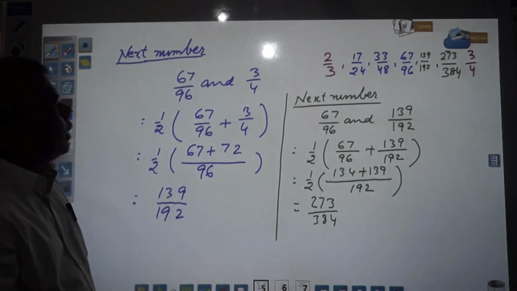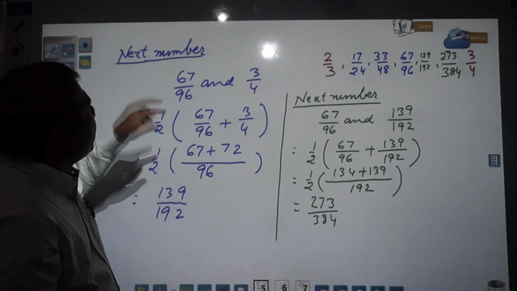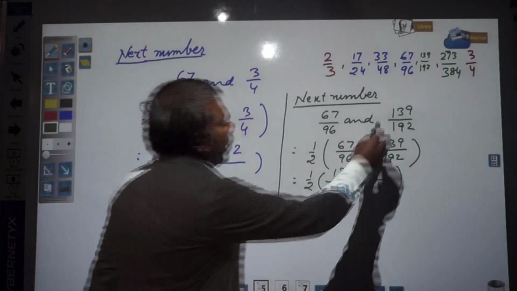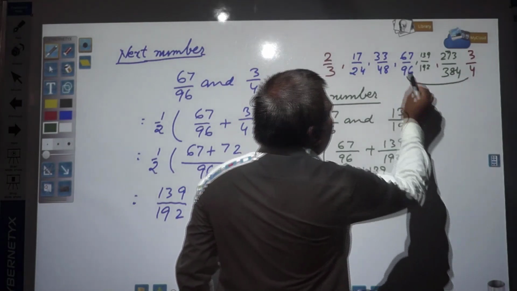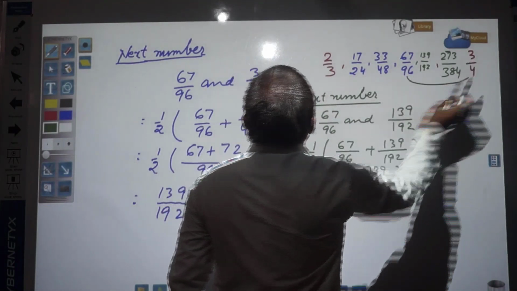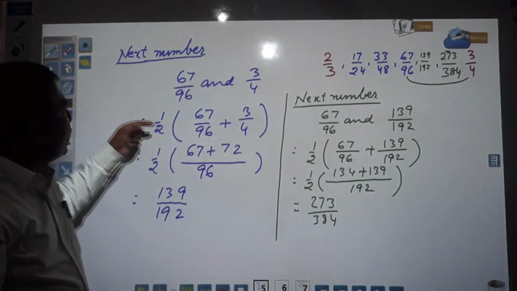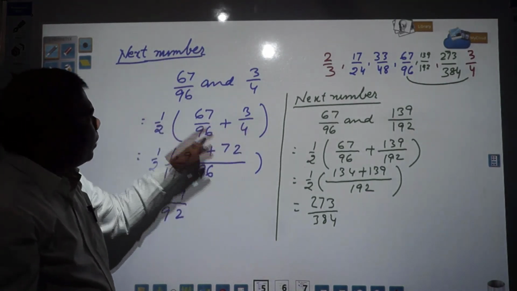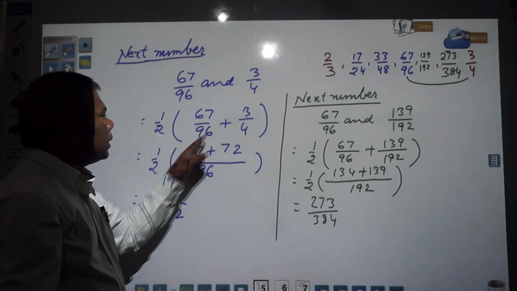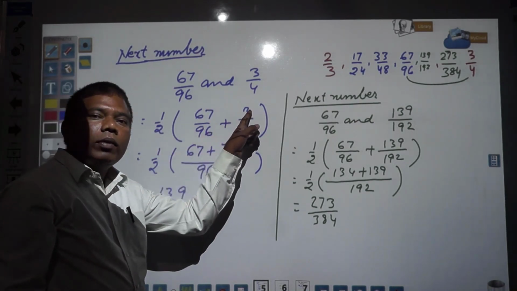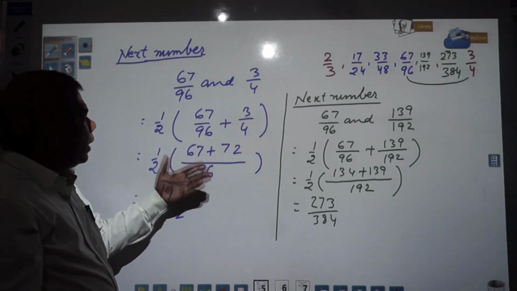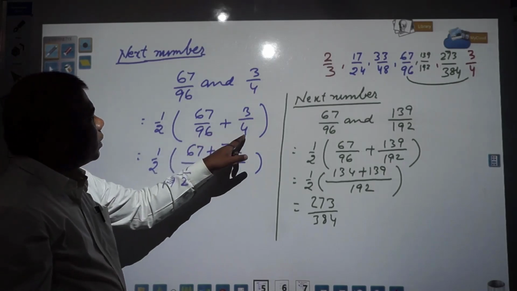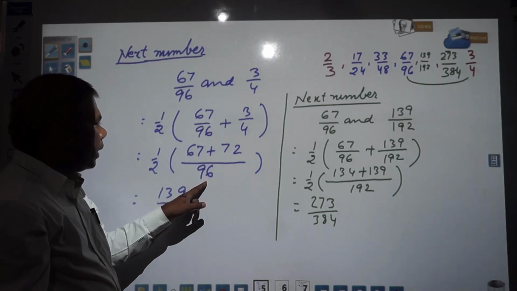Next, we need to find out the next number. So what we did, in between 67/96 and 3/4 we are finding. It will be again the same formula, 1/2 (x + y). In place of x you have 67/96 and in place of y you have 3/4. Add in simple fractional addition, 96 and 4, you got LCM 96.